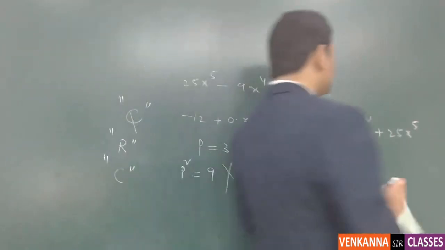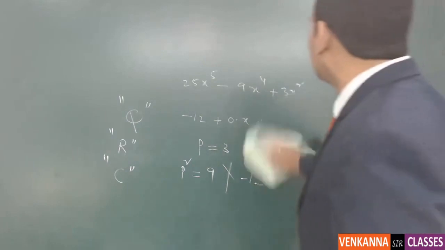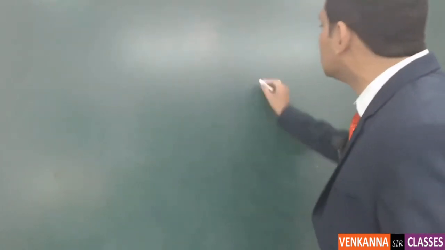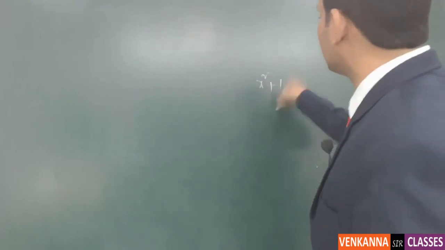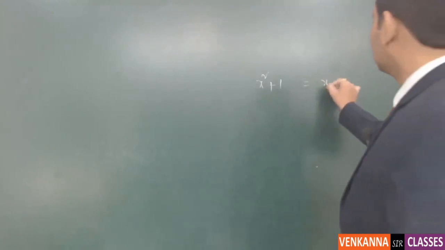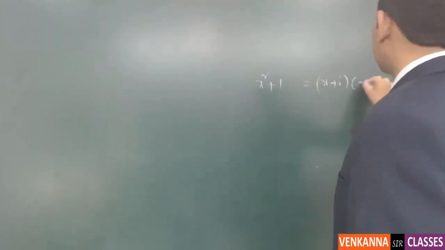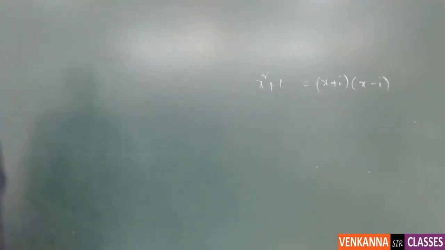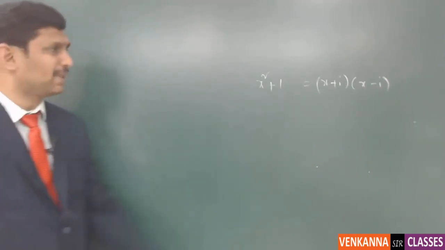Now, let's take one simple example that will give you an idea. Suppose take the polynomial x square plus 1. This is nothing but x plus i into x minus i. Accepted? Now what happens?